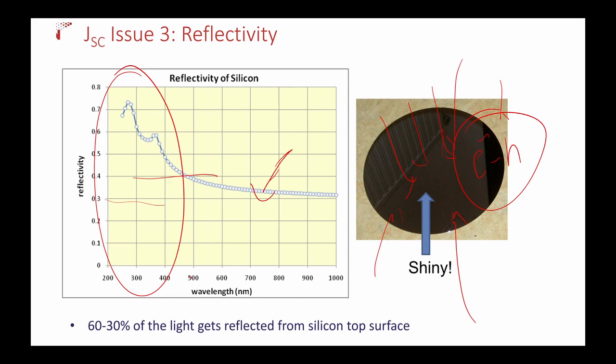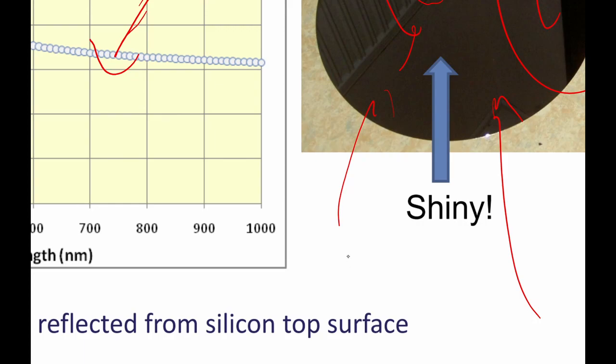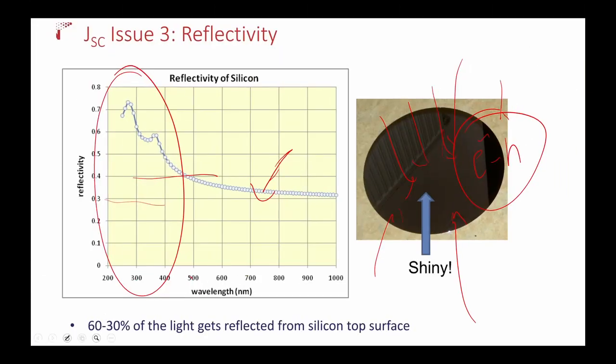We want all the photons to be absorbed. So we are directly losing the efficiency of the solar cell just by reflecting back the light which was coming on the solar cell.